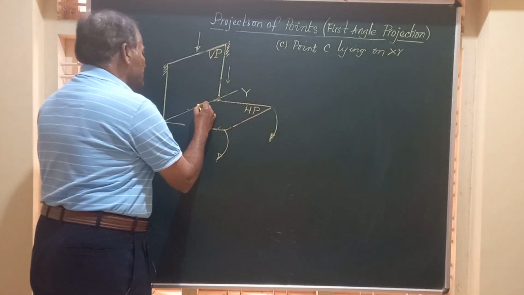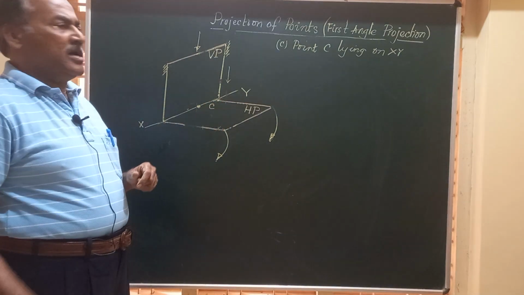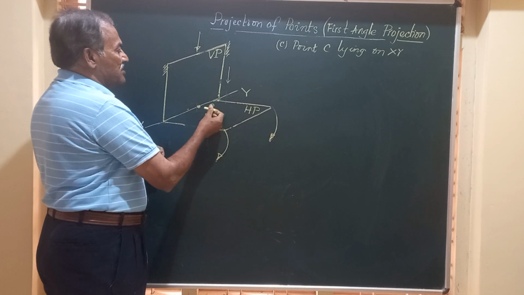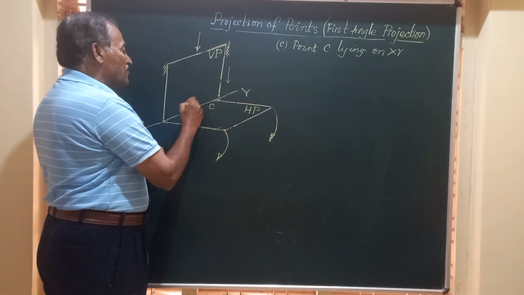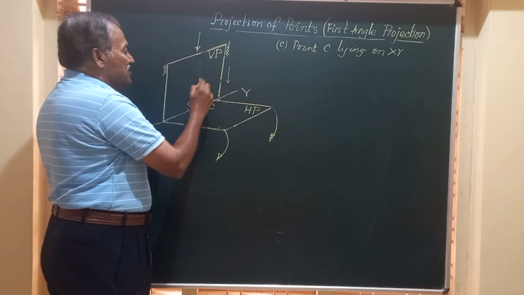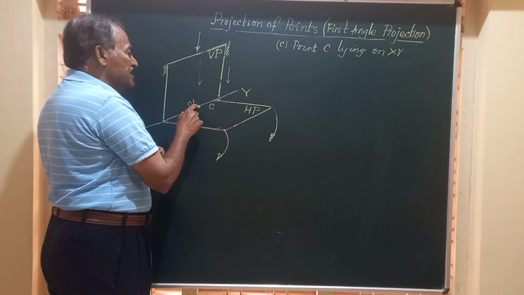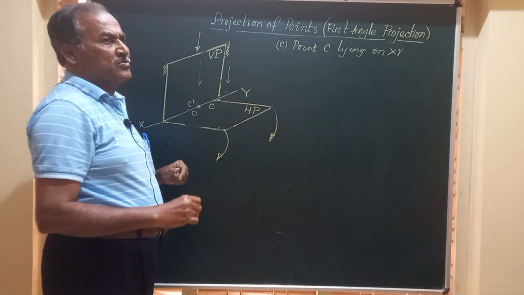So friends, we have this point capital C here. When you look in this direction, the shadow or the front view C dash falls on this. And when you look from the top, the shadow of this coincides with there. So C dash is the front view and C is the top view.